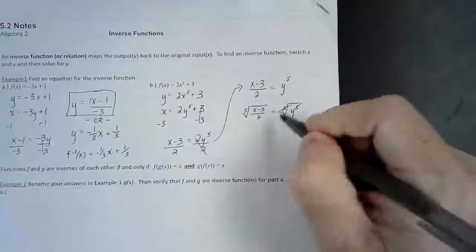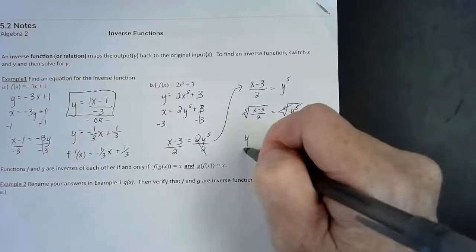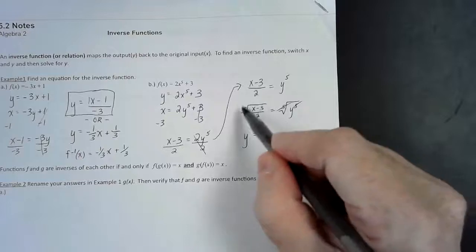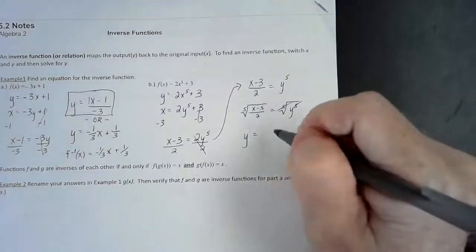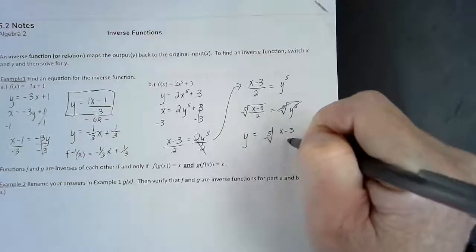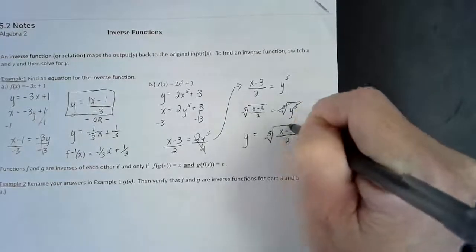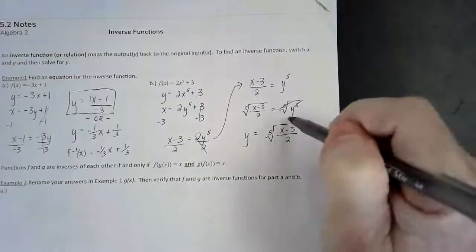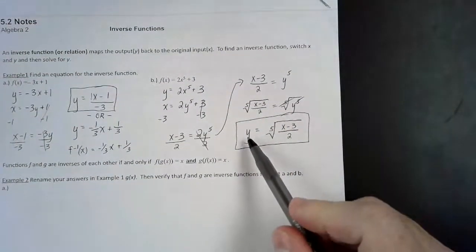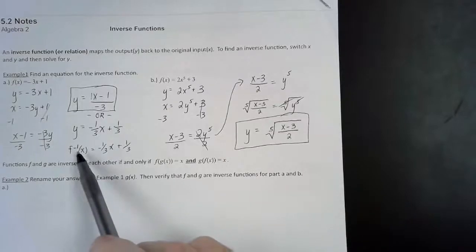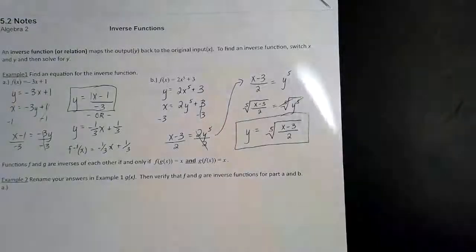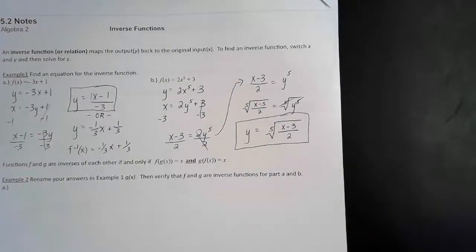Remember, those cancel, leaving us just our y equals, I'm just moving it to the left side, and I don't need to simplify any of that. There isn't anything in there to simplify. So the 5th root of x minus 3 over 2. And that is the final answer there. And again, it might look like this. f to the negative 1 of x equals that. So that is finding an inverse.